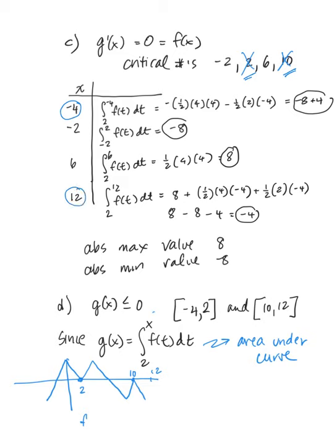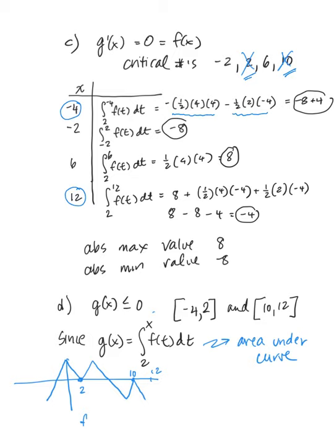And so using the definition of g, which is the area underneath the curve from 2 to x, when we're talking about -4, from 2 to -4 of f of x, we are going the opposite direction. So this is going to change the sign: the area above the x-axis will be negative, the area below the x-axis becomes positive, and we get -8 plus 4, or -4.